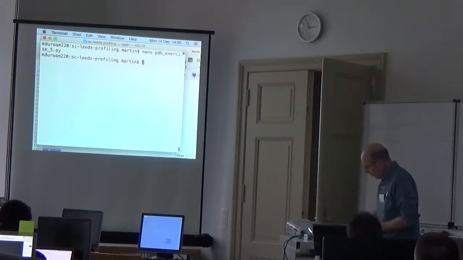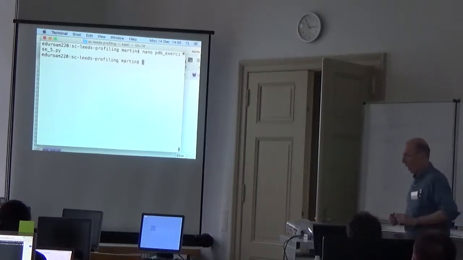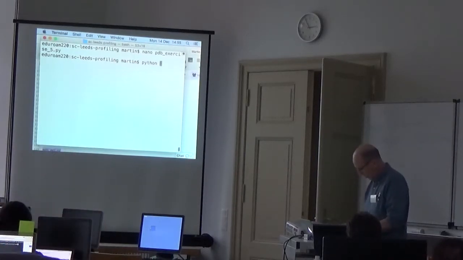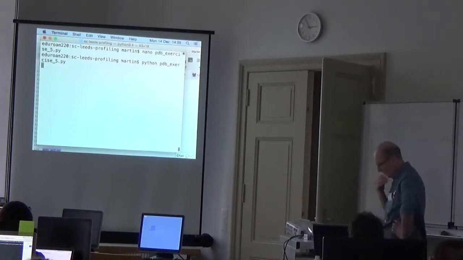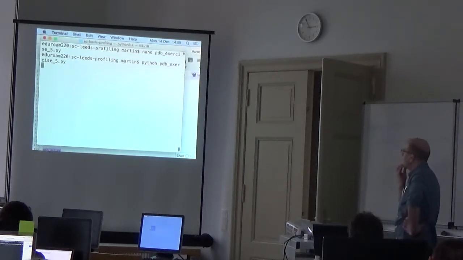Right. So what we're going to do then is run the program again. This time we're going to see how and why this program behaves as it does. So let's just run it to begin with, and see what we get. PDB exercise 5 this time. Maybe I shouldn't have put sleep 5 in.